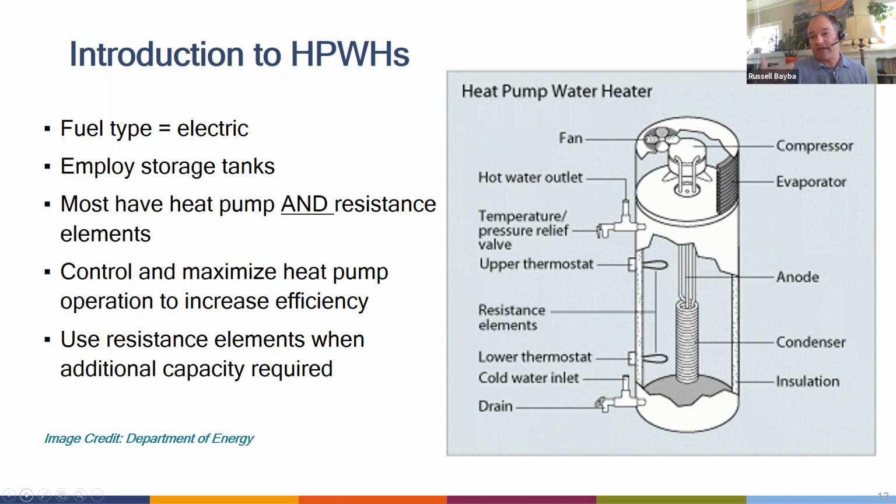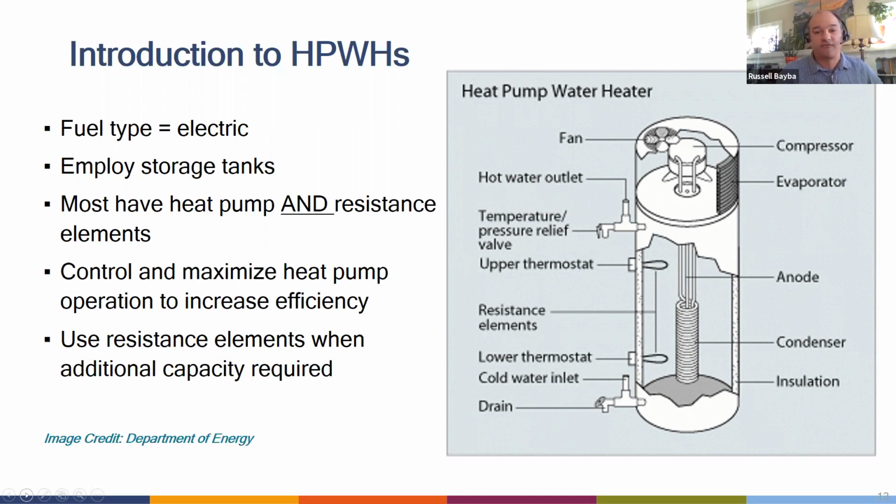And going from the top, it's a very typical looking tank. At the very top, it has a fan to move air across it and a compressor typically. These are the standalone units. And it has basic elements, just like most average tank water heaters.